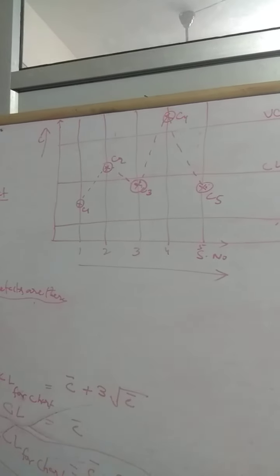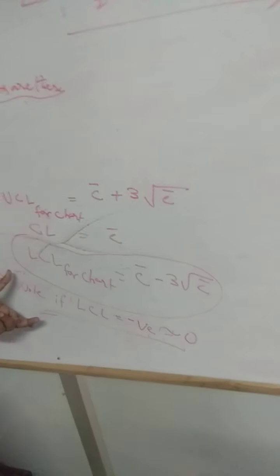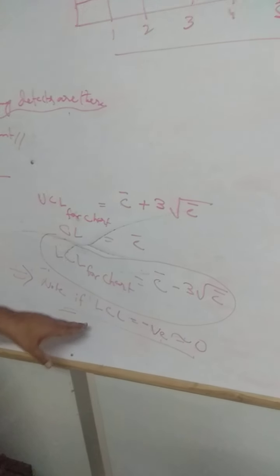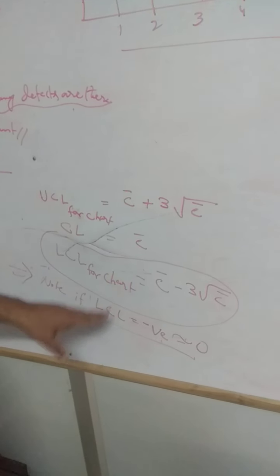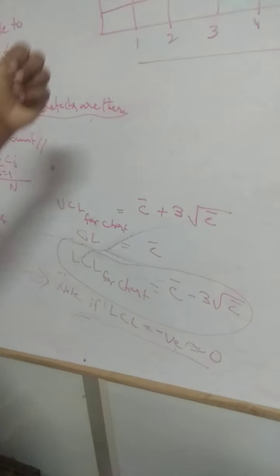So the noteworthy point here is that if the value of the lower control limit comes out to be negative, then we will assume it as 0 and proceed to construct the C chart.